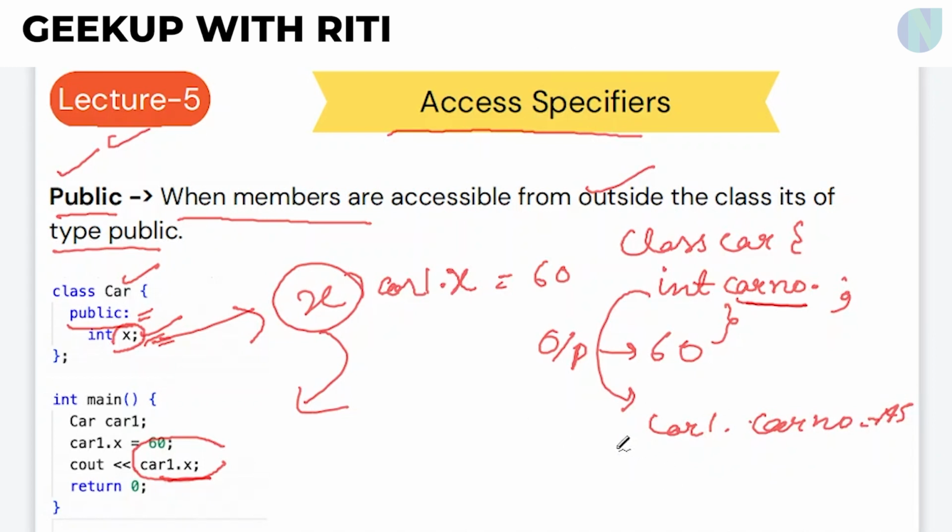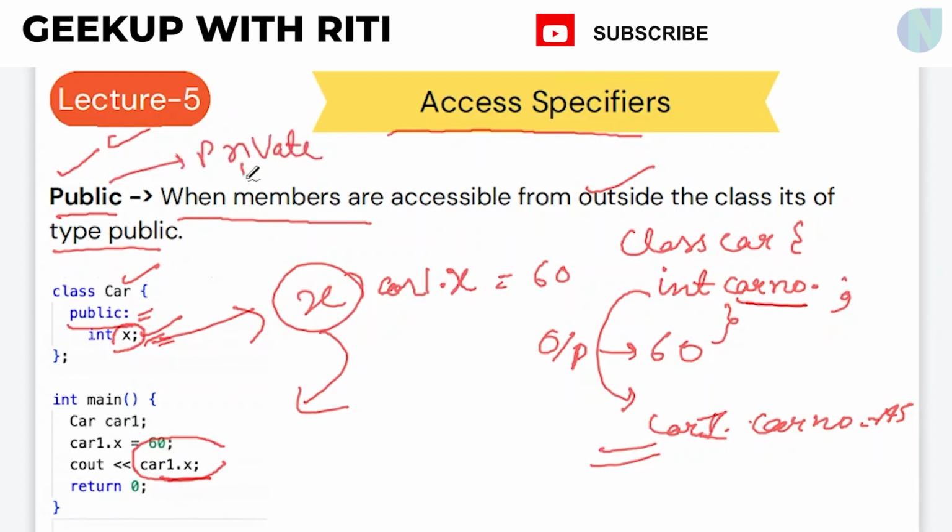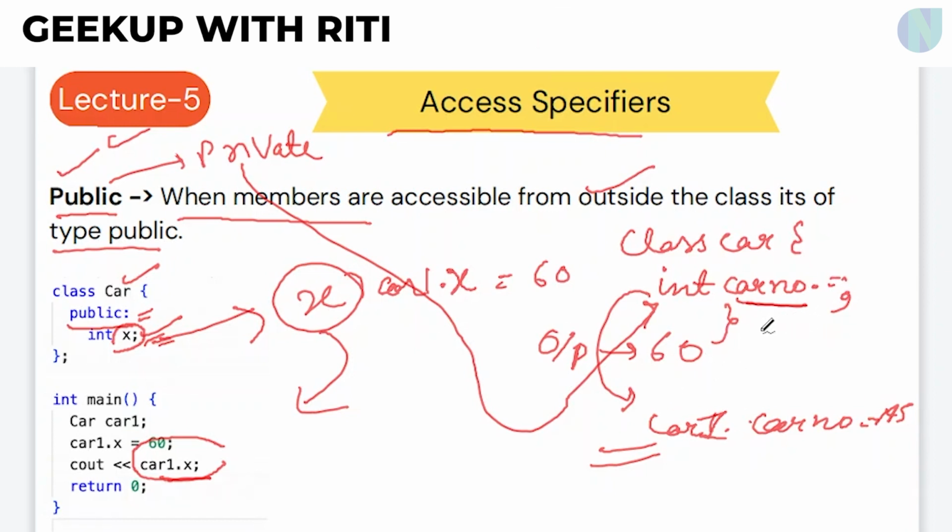If you don't want anyone to access your data outside the class, you would be using the private access specifier here. Whenever you use the private access specifier, the car number wouldn't be edited or changed by anyone. For editing or changing the data, we use the getter and setter. So this is all about the public access specifier.